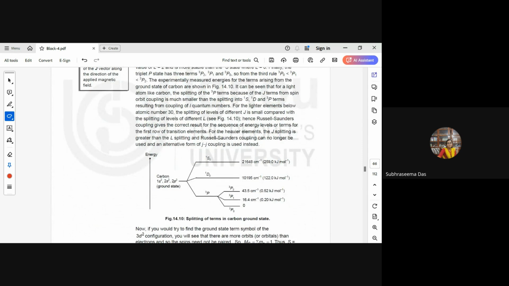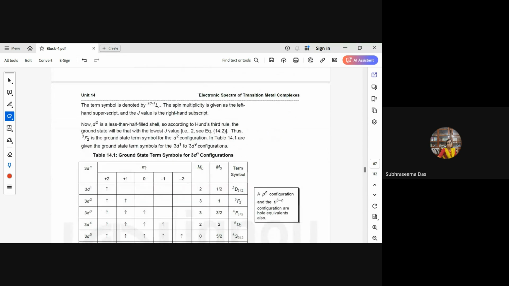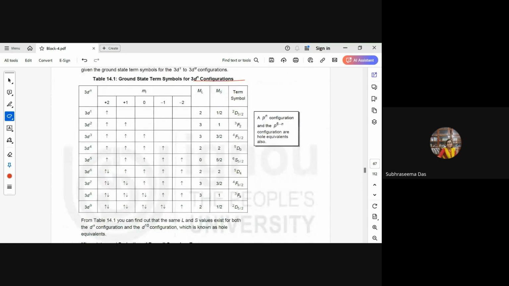Figure 14.10 shows the splitting of carbon in the ground state using the Russell-Saunders coupling scheme. These are some examples where the RS coupling scheme has been used. Table 14.1 shows the ground state term symbols for 3d configurations.